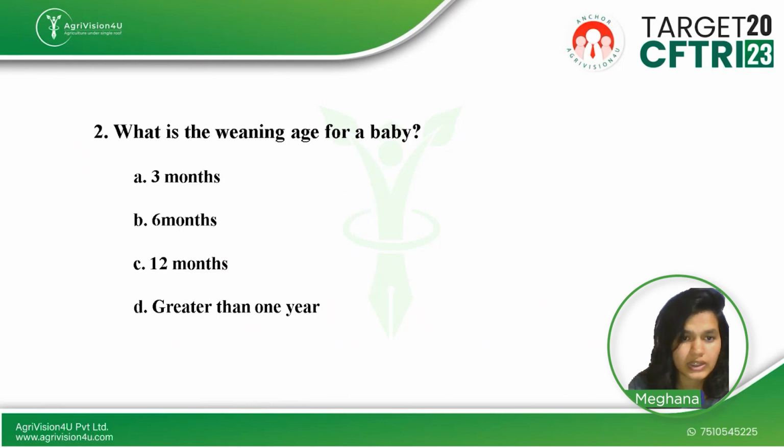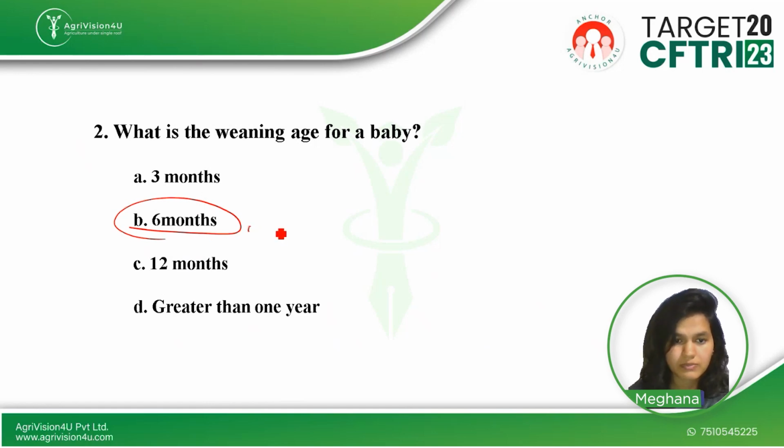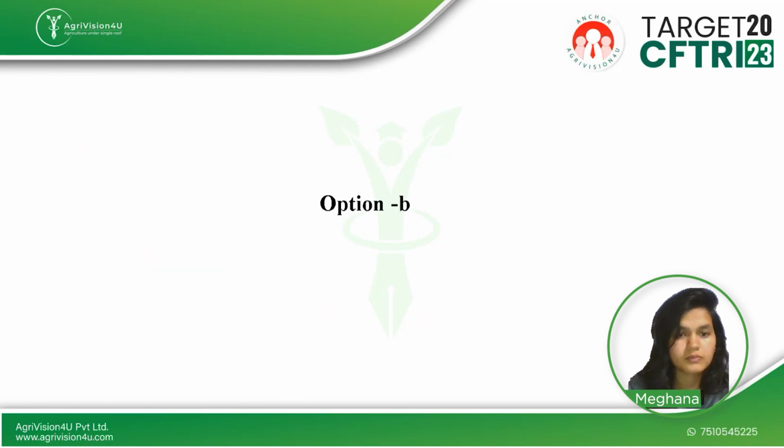Weaning is nothing but switching the infant diet from breast milk to complementary food or other foods which will be fluids. So we will be switching the baby at 6 months. So option B is the right option.